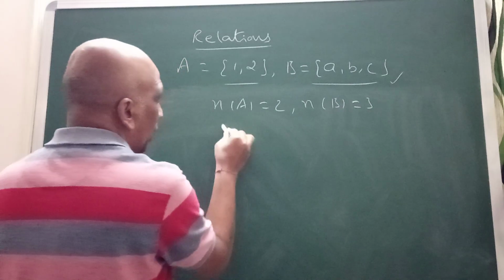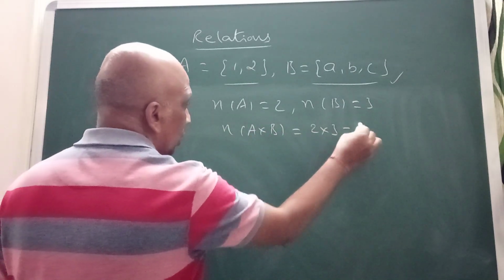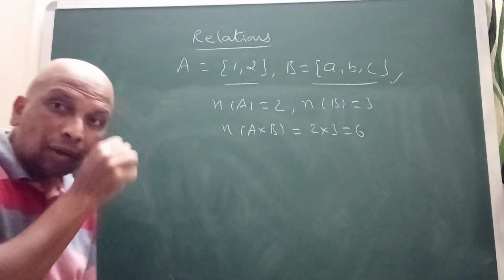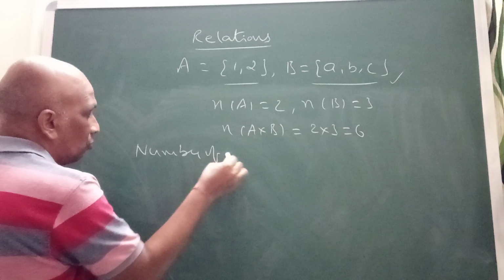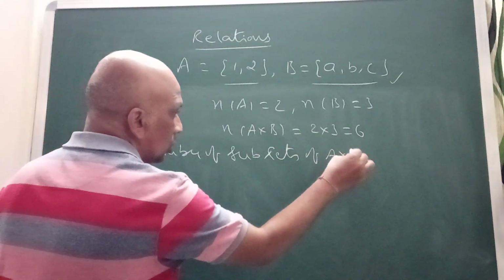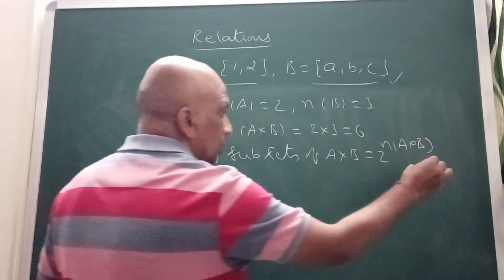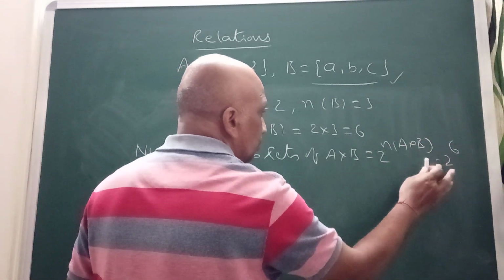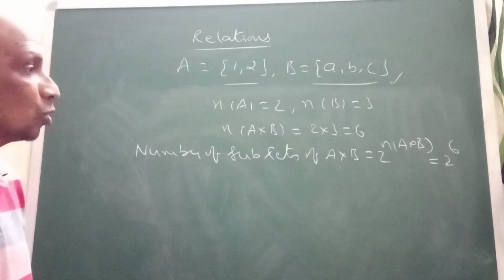So n(A cross B) will be 2 into 3, which is 6, right? What is the number of subsets of A cross B? It is equal to 2 power n(A cross B), which is 2 power 6.